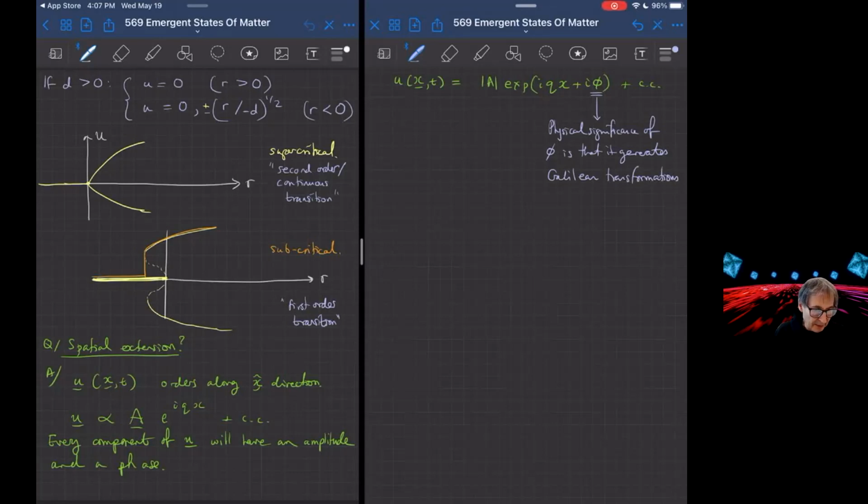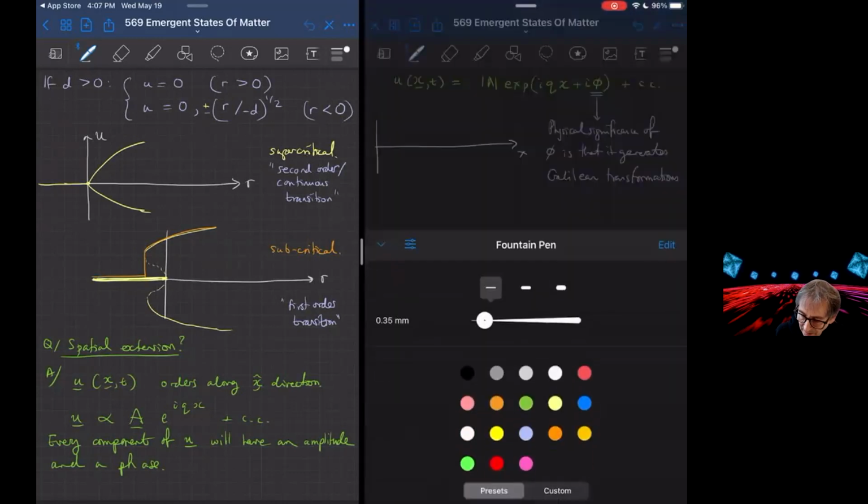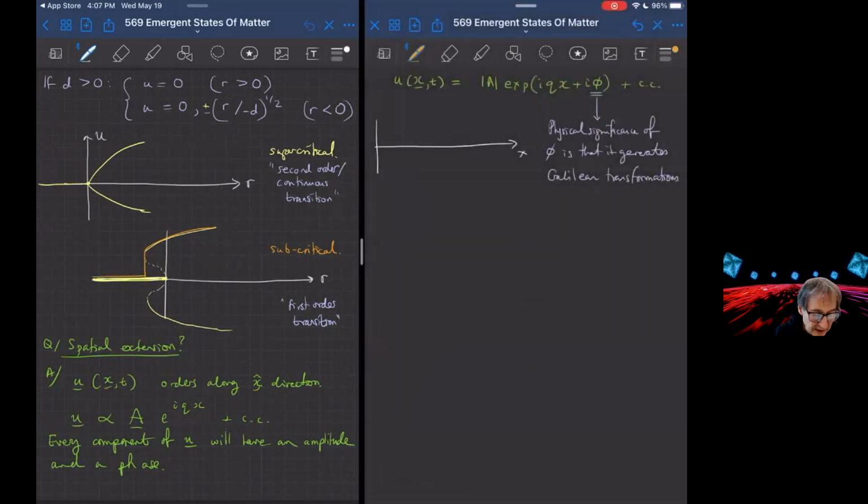So let's suppose, for example, I had a picture of the system looking something like this. Here's my system, and I were to draw the maxima of the pattern. Let's denote those like this.